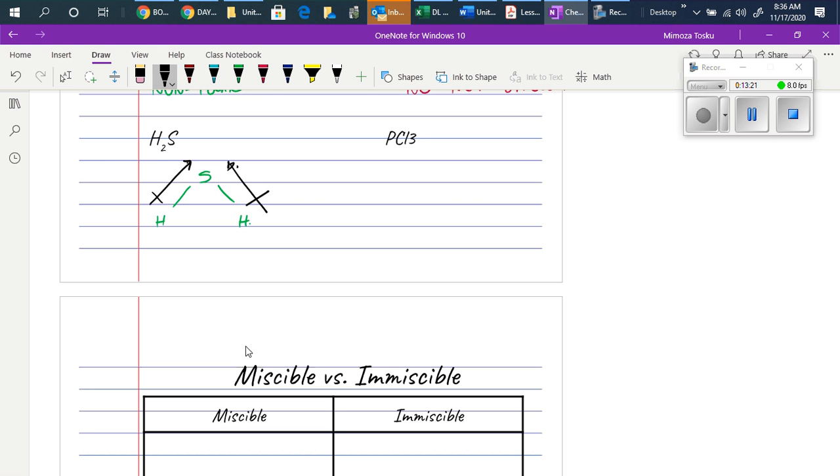So those two, when they are added together, we will have a net dipole moment that goes like this, which means that those two will not cancel because we have a component in the vertical direction that does not cancel out. So then we will have a net dipole. This is the dipole net. That will result in making this molecule polar.